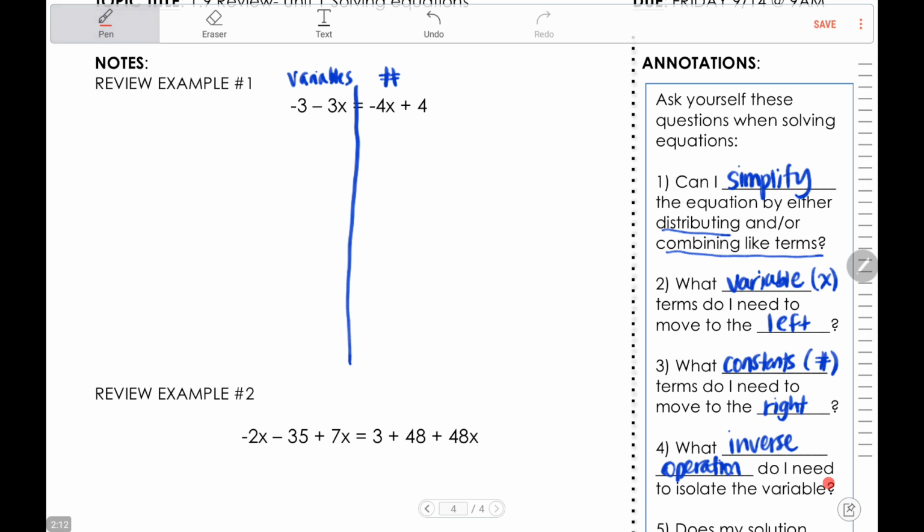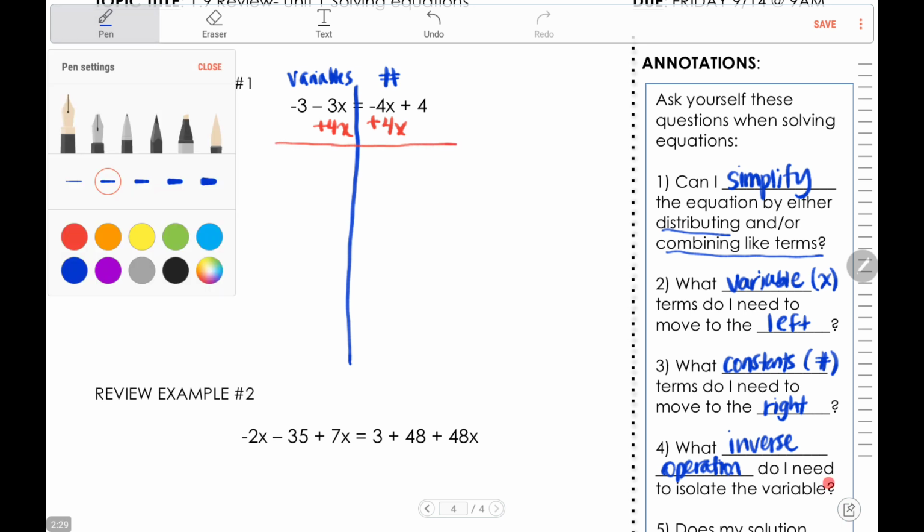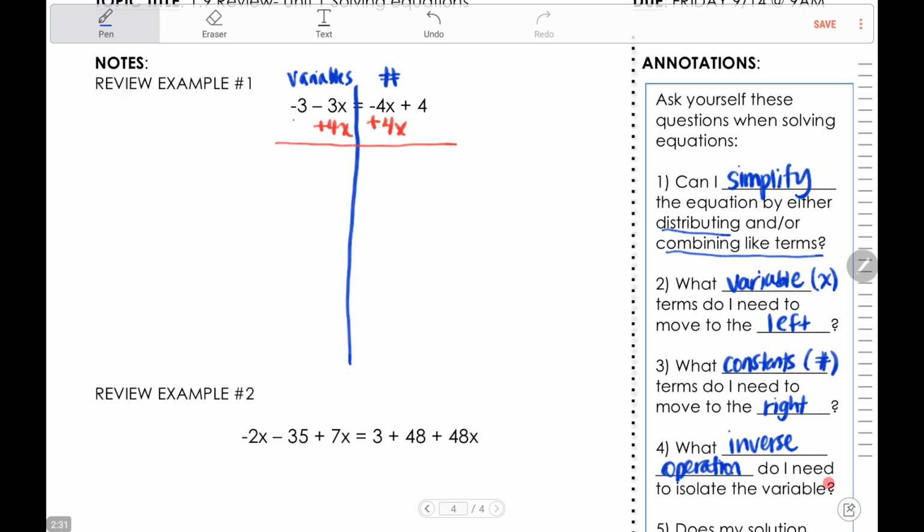So that's what I need to move to the left-hand side. So the inverse operation, step 3, that I need is going to be plus 4x. I'm adding 4x, and I'm going to line it up with the like term on the other side. When I add 4x on both sides, I now have, I'm going to bring down the negative 3.